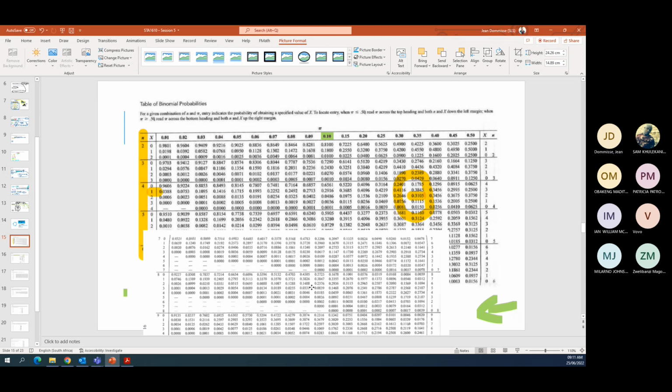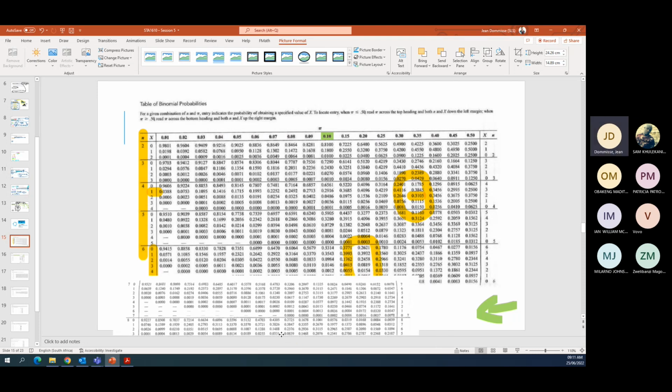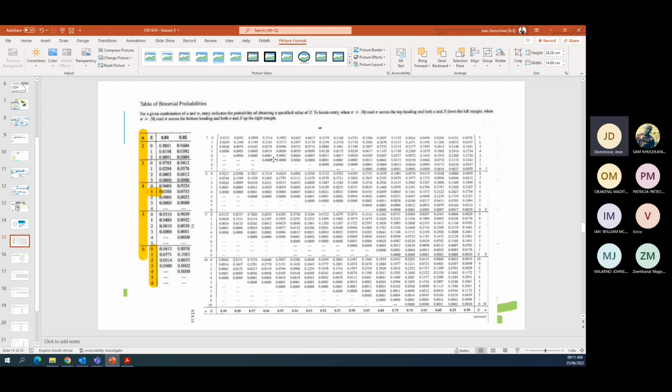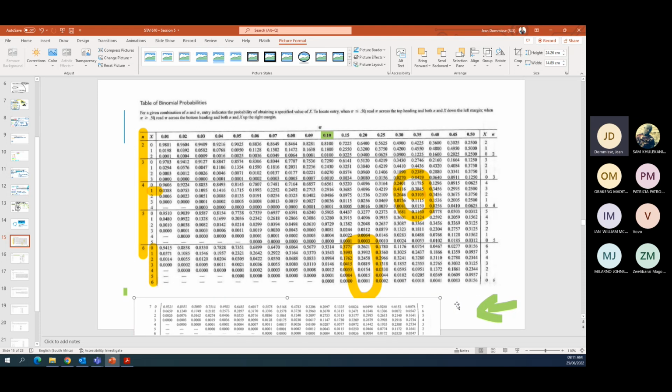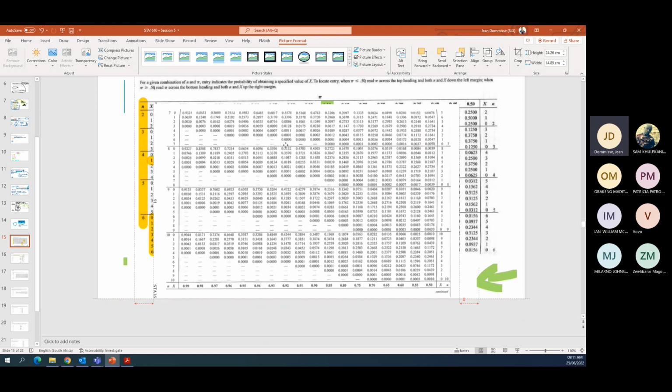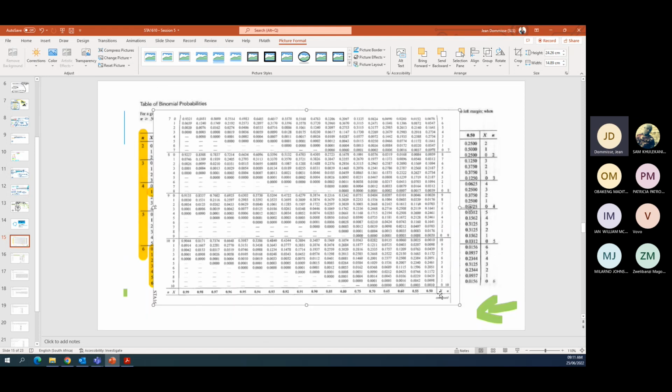This is how the table would have looked. At the bottom here, there are not any of those percentages, but on the second table, there are those percentages.